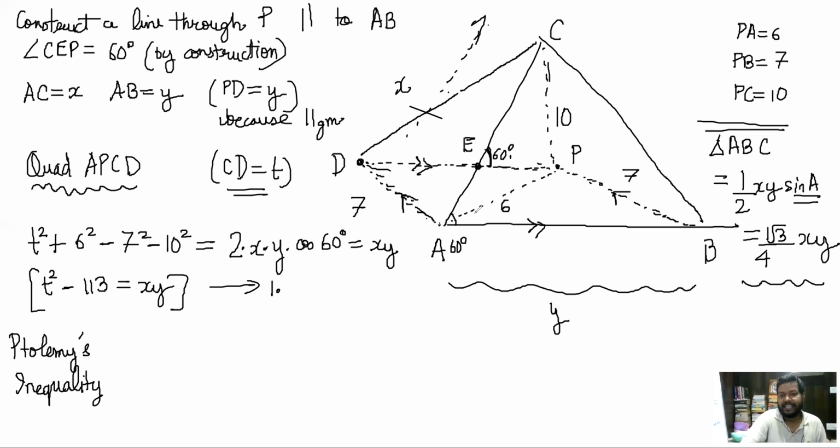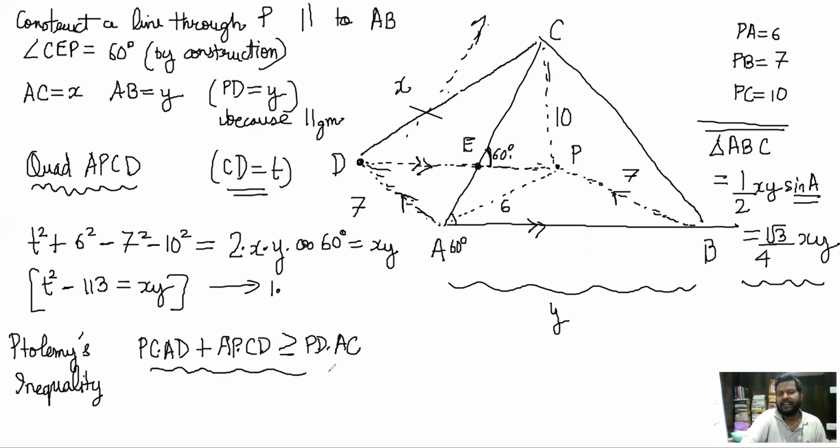So basically in this quadrilateral, I can say that PC into AD plus AP into CD will be greater than or equal to PD into AC.